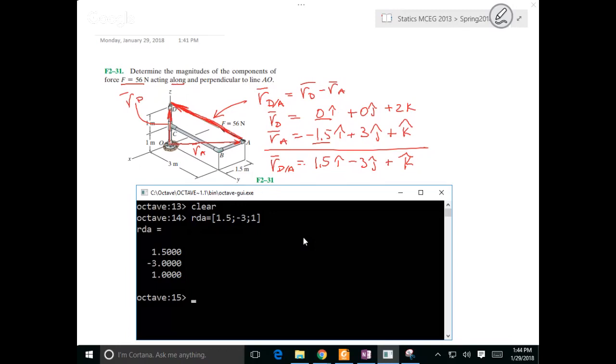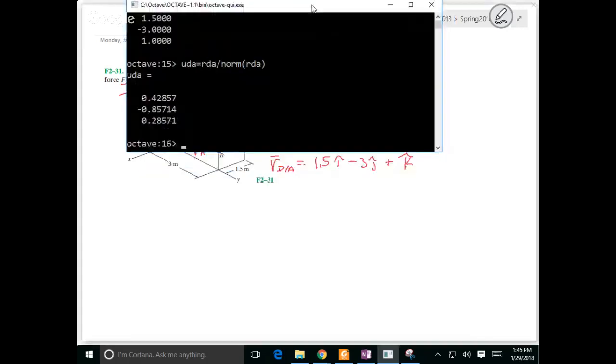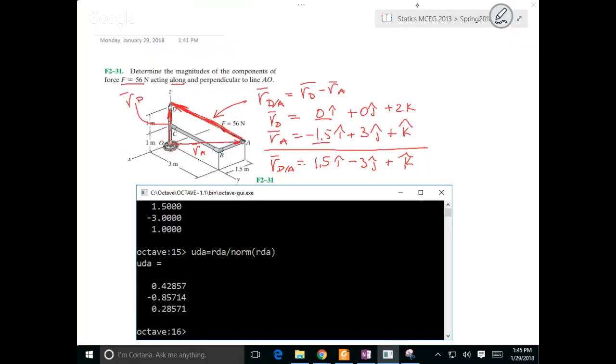If I want to make this a unit vector, I would call it UDA equals RDA divided by the norm of RDA. So there's my vector, which is a unit vector pointing in that direction.